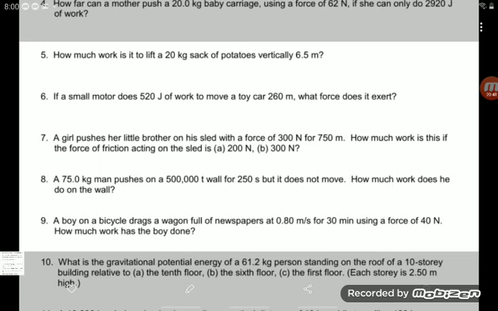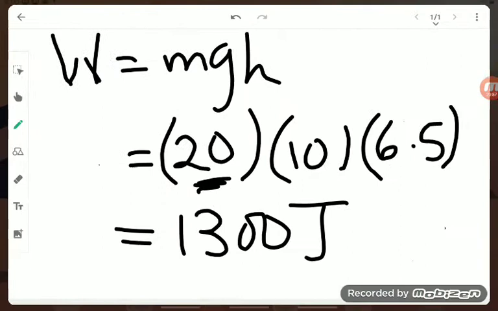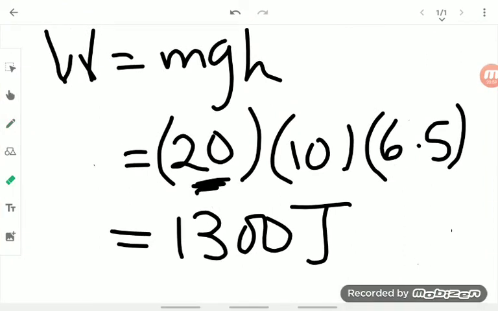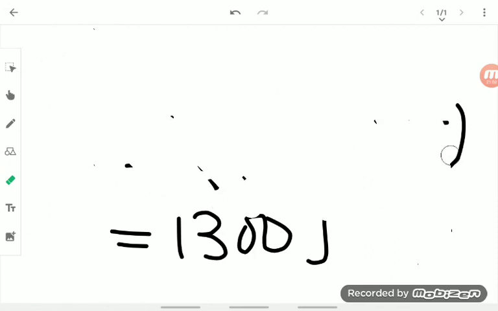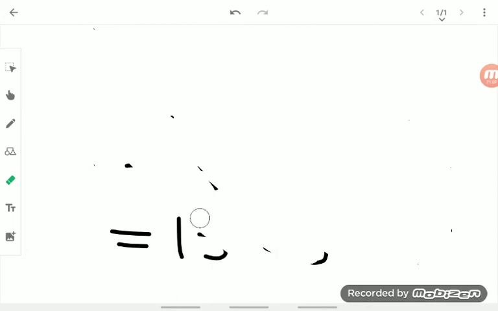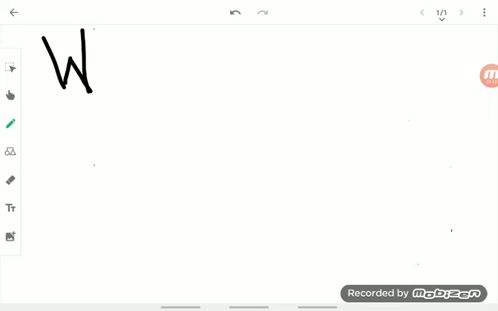Number 6 says, if a motor does 520 joules of work to move a toy car 260 meters, what force does it exert? Alright, let me erase this. So now we're given the work, we're given the distance, and we're asked to find the force. Work is equal to force times distance.